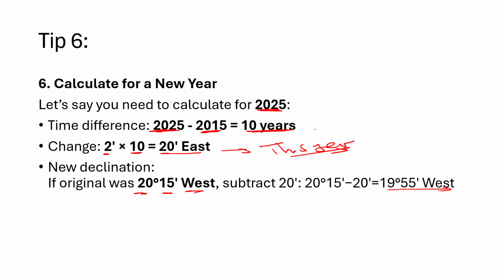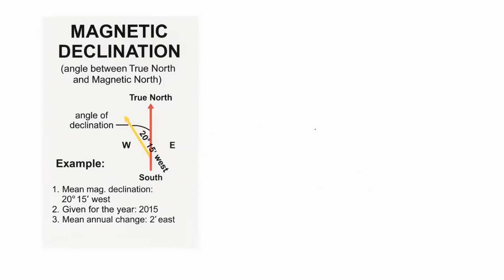But I'm going to show you shortly the difference between subtracting and adding. So for example, the mean magnetic declination will be 20 degrees 15 minutes towards the west, and the year that magnetic declination was calculated was 2015.